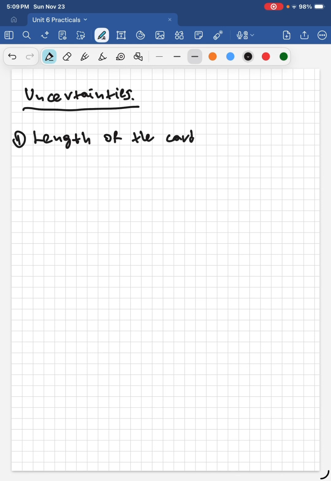You will measure this using the ruler, and maybe it's 10 centimeters.